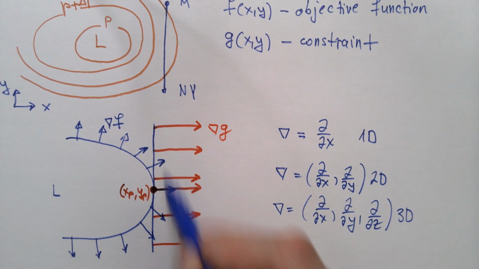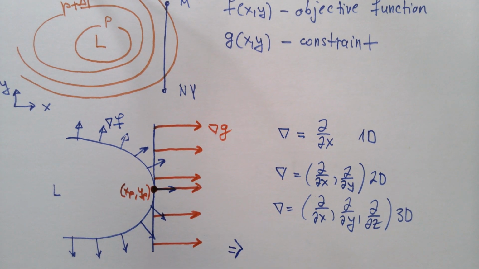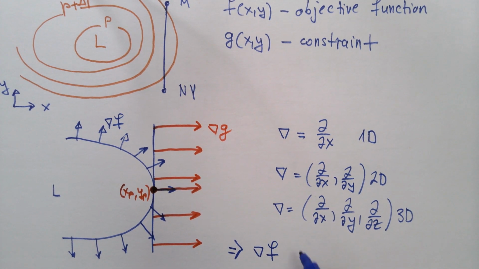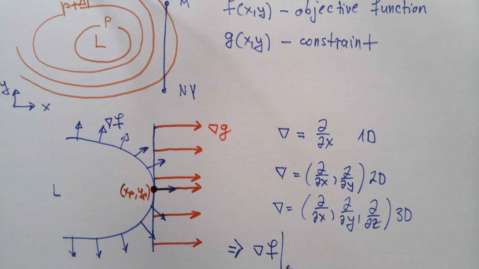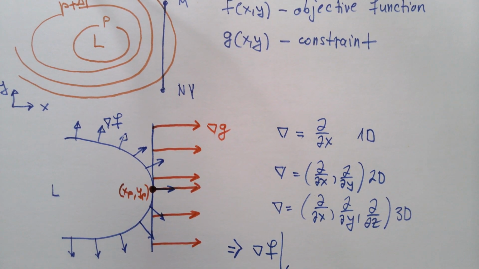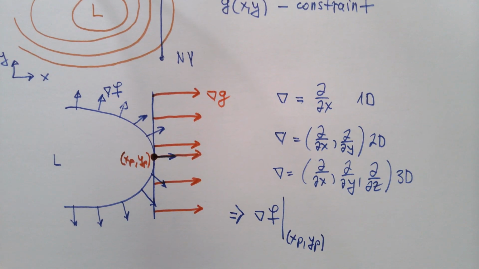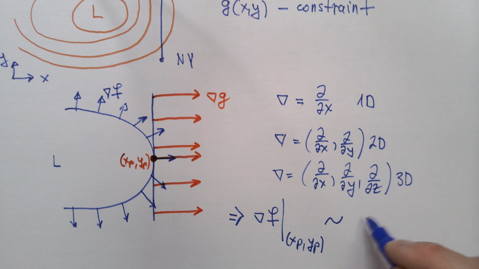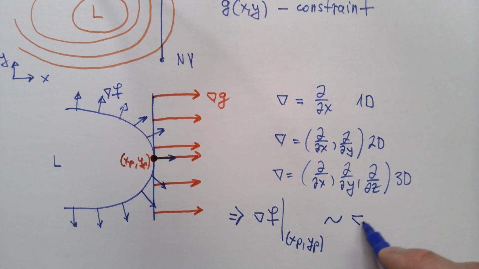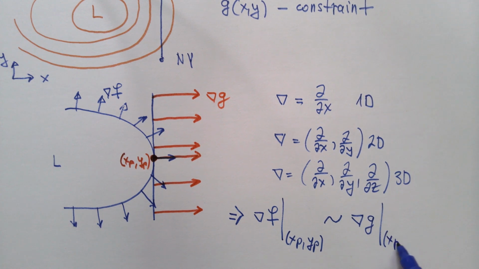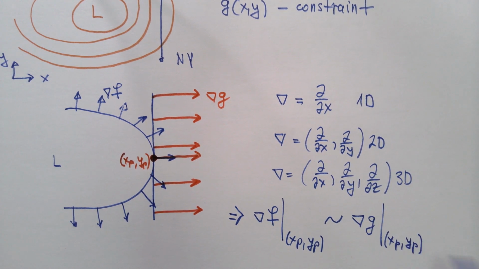From this figure, we can clearly conclude that the gradient of f evaluated at this point xp, yp is proportional to the gradient of the constraint that is evaluated at this point xp, yp.